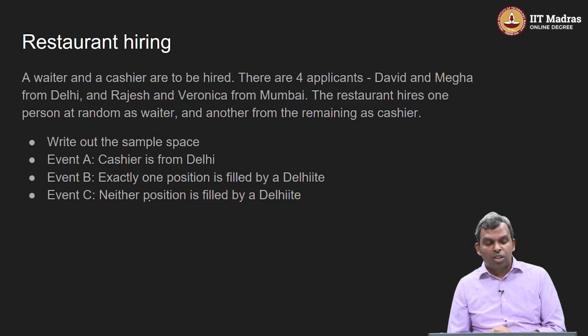Okay, so the restaurant is going to do a random experiment sort of thing in the hiring. These are positions for which all of them are equally qualified. They can be waiter or cashier in this restaurant. So they just decide to choose at random. They're going to hire one person at random first as the waiter, and then there'll be 3 people left.